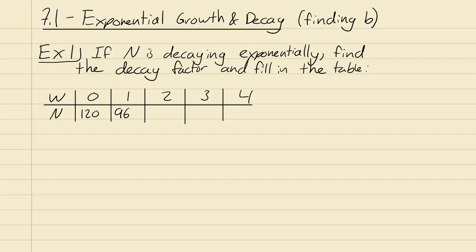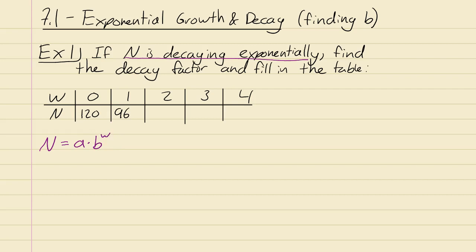So when we say that n is decaying exponentially, what that means is that there is a way to write a formula for n as an exponential function of w, which would look like this. We take the starting value a times b to the power w.